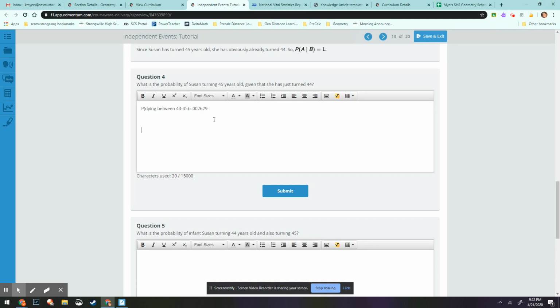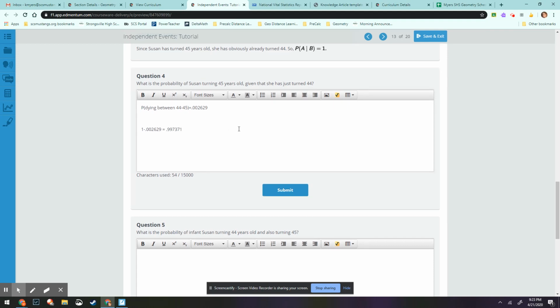That means if you made it to that 44th birthday, that's the probability that you're going to die in the next year. Which means if I take 1 minus that number, that's going to be the probability of not dying during that year. Your handy dandy calculator will work that out: 0.997371. And that is going to be our answer.